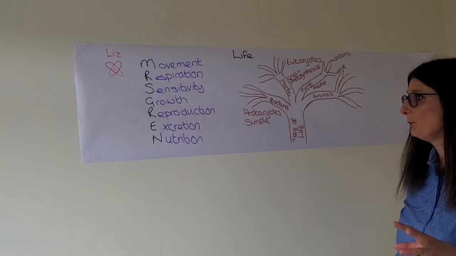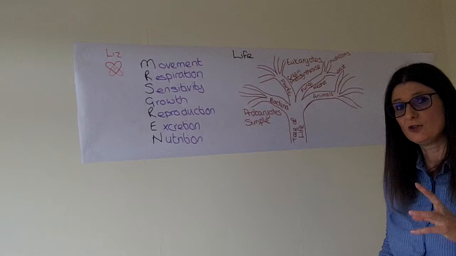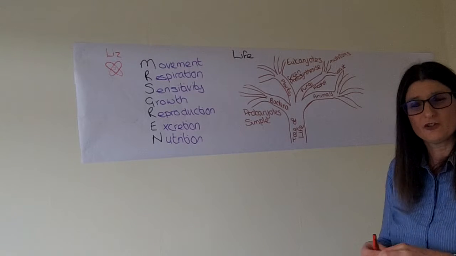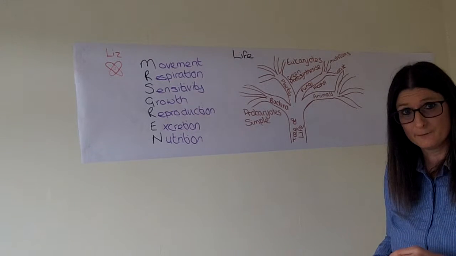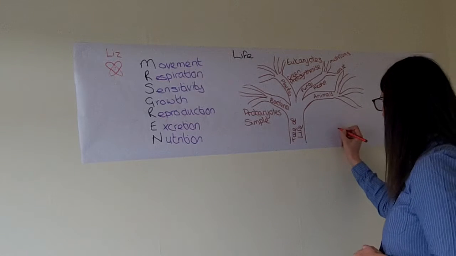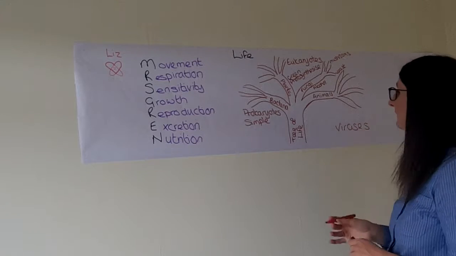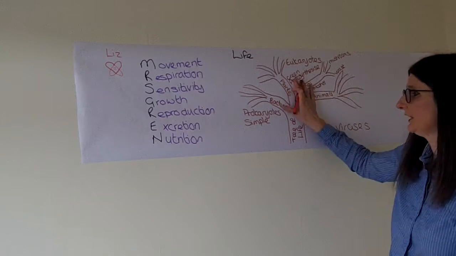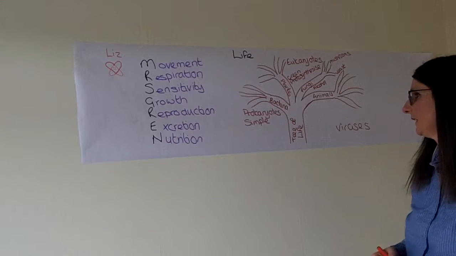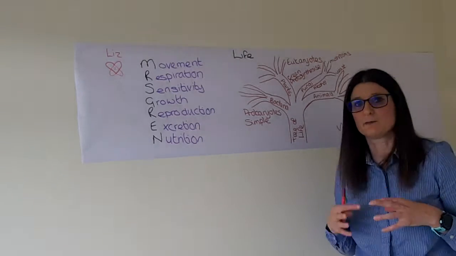So we'll just think of one more example, which is something that is often thought of as being alive but isn't, and that's a virus. So viruses are not alive. They are not part of this tree of life. And why aren't they part of this tree of life? Well, viruses can't do anything for themselves.